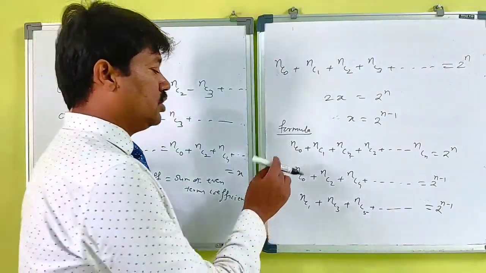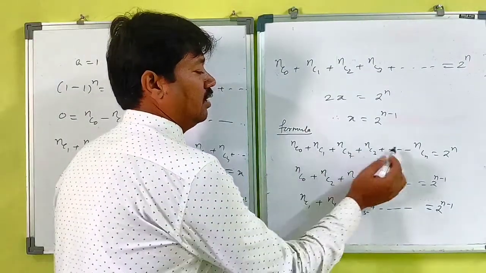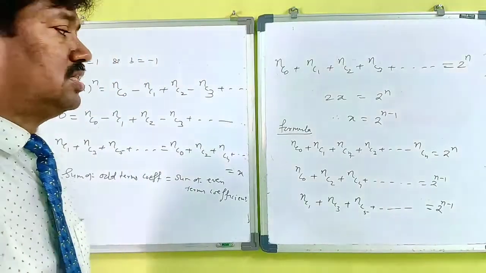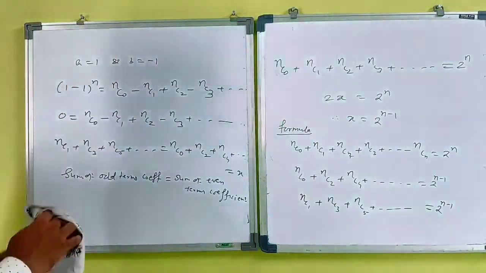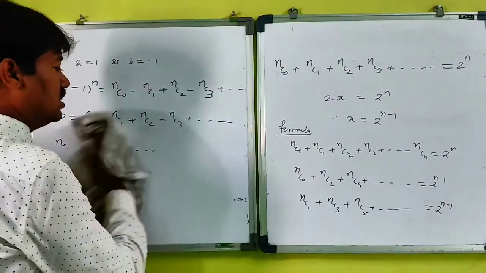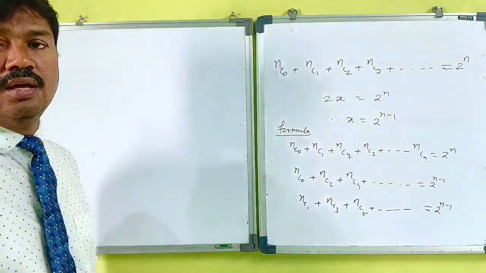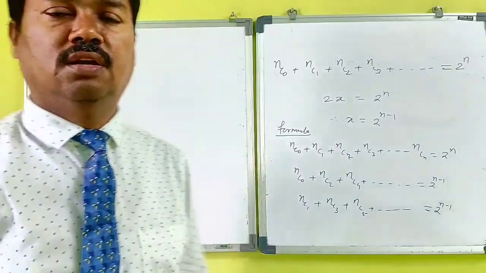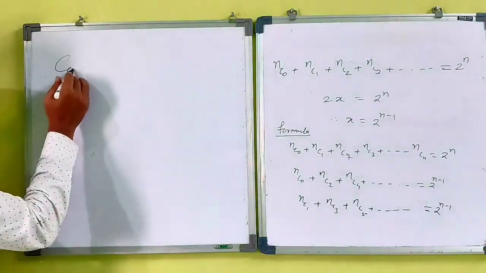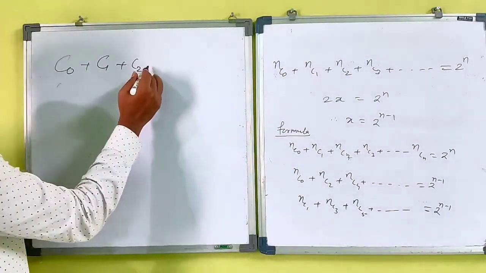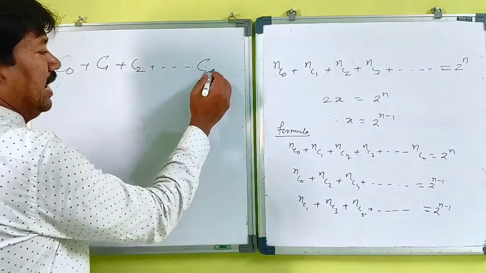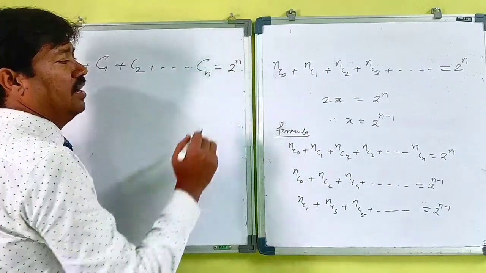Now if you observe, the n is common in all. The same formula can be written in a simpler way, because n is common, so there is no need to write n every time. Instead of nC0, nC1, we can write capital C0, C1, C2, like this, Cn. So that is understandable.